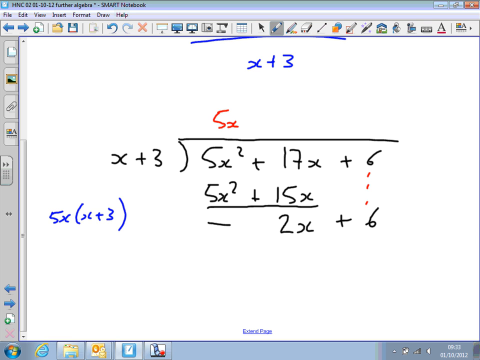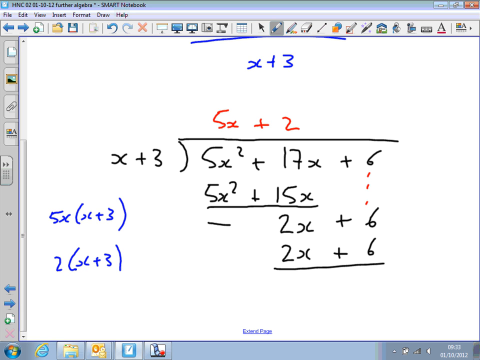And now I do the same thing. What have I got to times x by to get 2x? 2. So what goes at the top? I've got to times x by plus 2 to get plus 2x, so plus 2. What is x plus 3 times 2? As a little aside, what is 2 times x plus 3? 2x plus 6. So that's what goes underneath here.